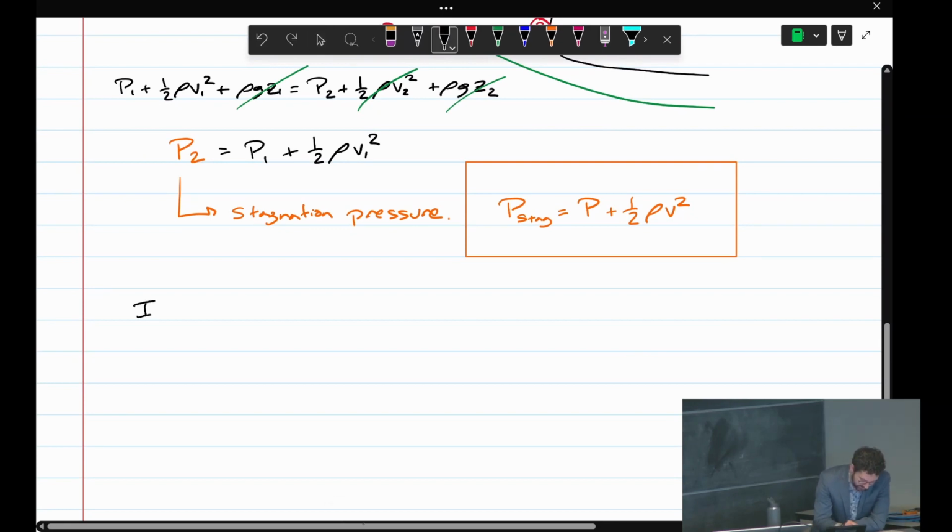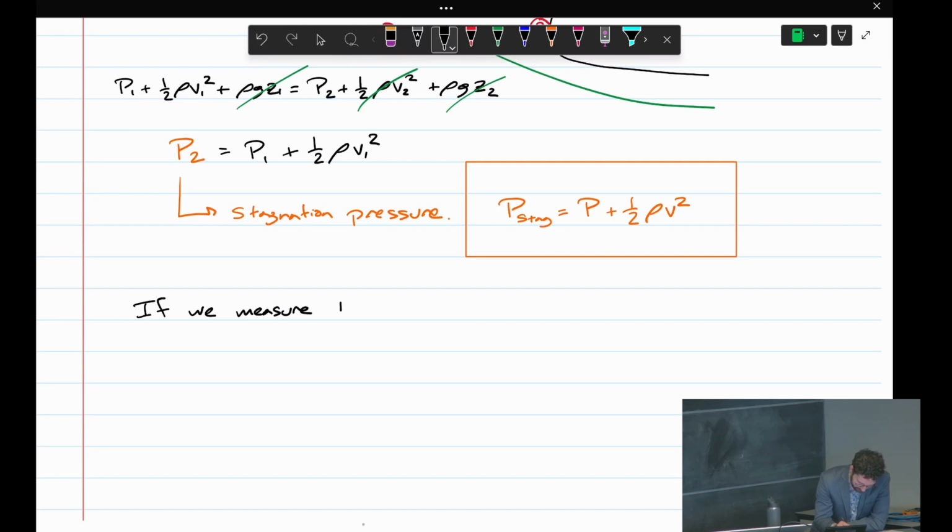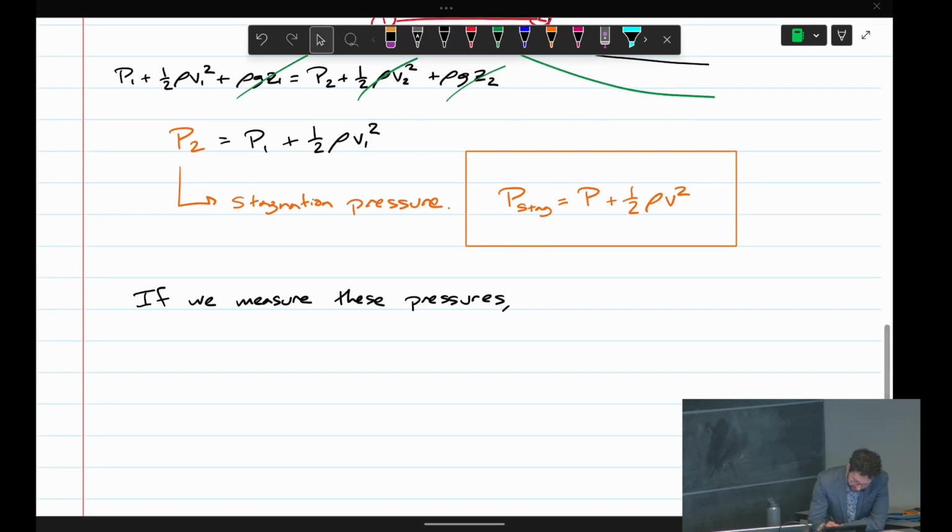So if we measure these pressures, we'll solve for V1.